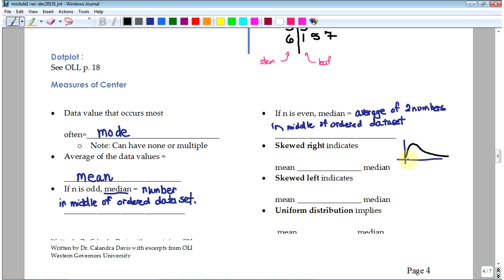So the mean, when you find the average, is going to be affected, even though you only have a few values that are very large, those are really going to pull up the value of our mean, those outliers. So the median, however, is going to be the value that's in the middle of all of our data. So that's going to be somewhere over here. So when we have something that's skewed right, the mean is going to be bigger than the median.